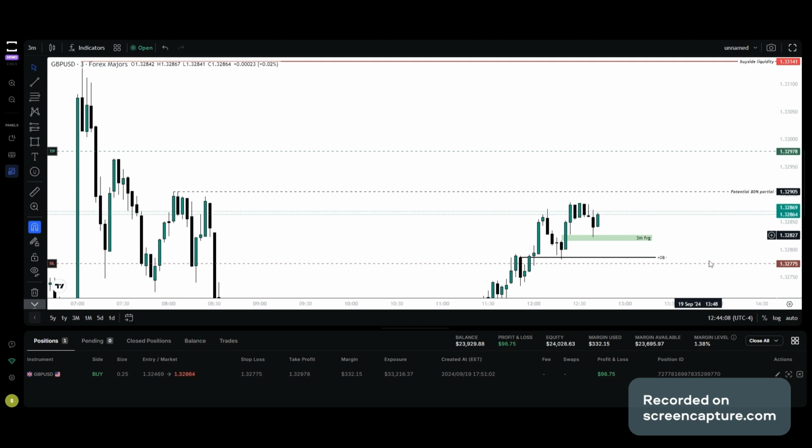So I have a lot of discretionary things going on right now in my head, which, anytime you're discretionary, it's this mental equity or emotional equity that you kind of have to wrestle with. And it doesn't help that I took a loss earlier. I don't want to let greed influence my decision here.